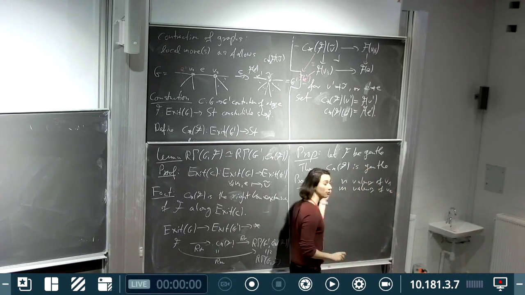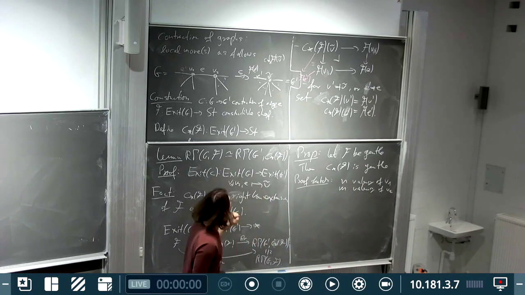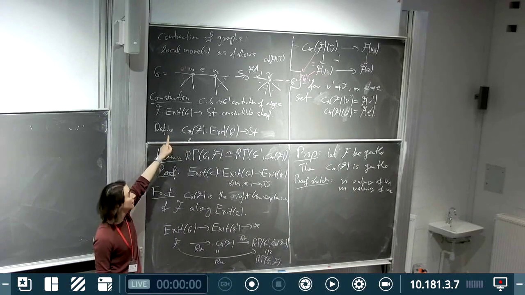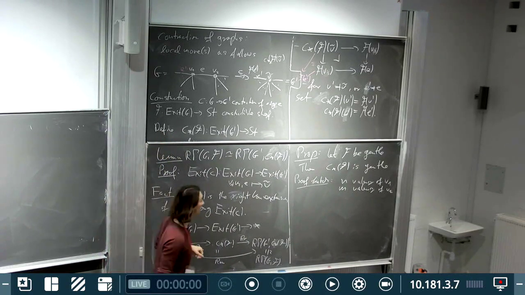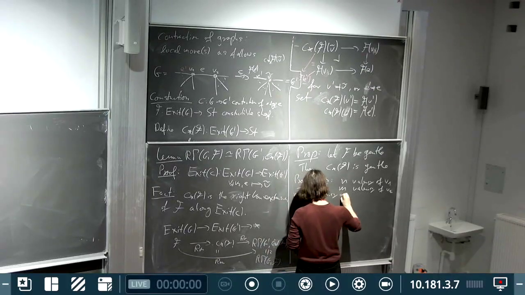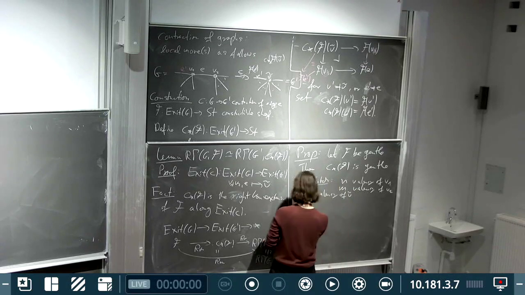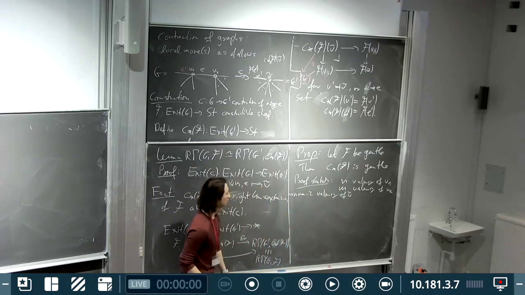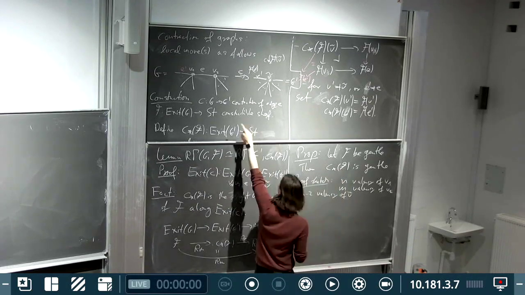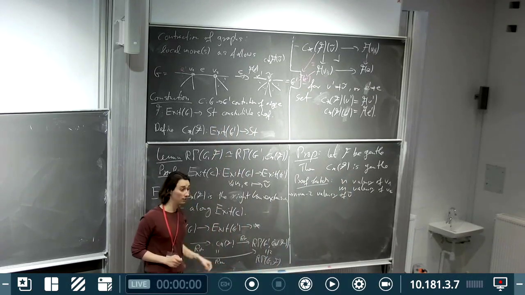Then we can compute the valency of V tilde. So V tilde has the same edges as V1 and V2 except E, and E is counted twice, hence the valency N plus M minus 2 will be the valency of V tilde. Same edges except E, which is incident to both V1 and V2.